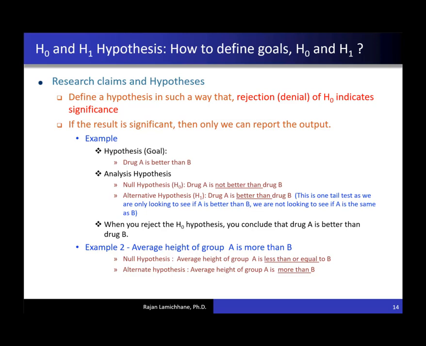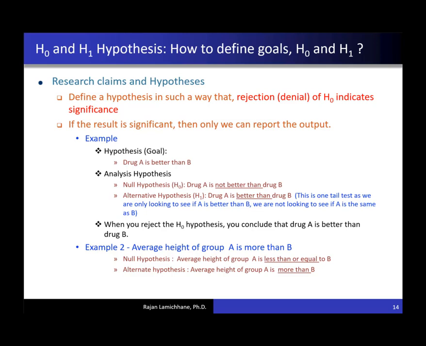So your result is only significant when you see that the results from drug A are better than drug B. So to obtain this significance, you need to define the null hypothesis in such a way that you should reject that null.